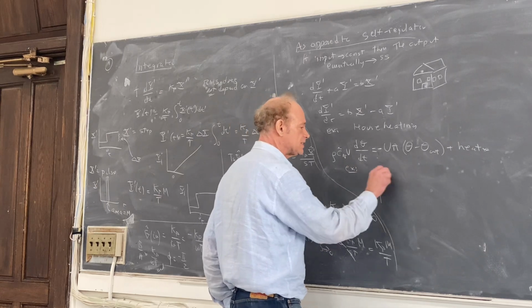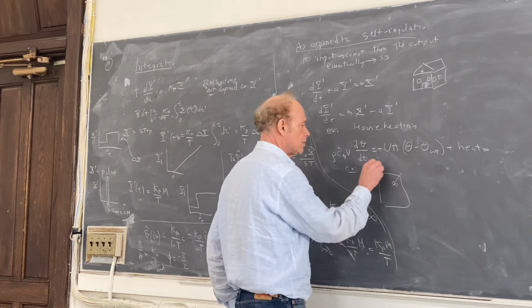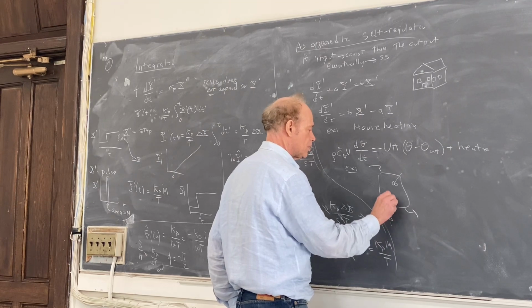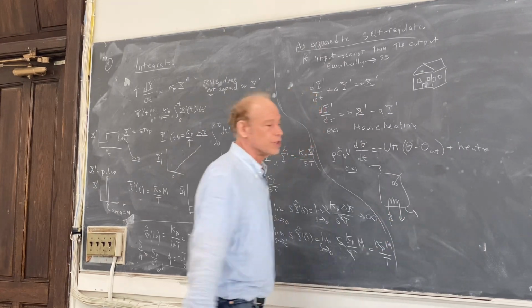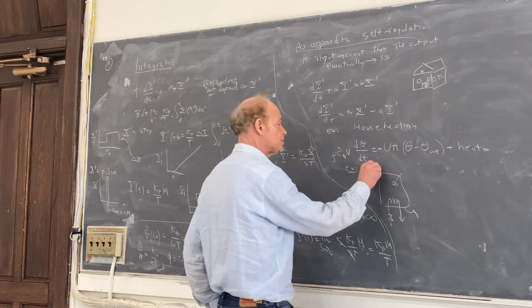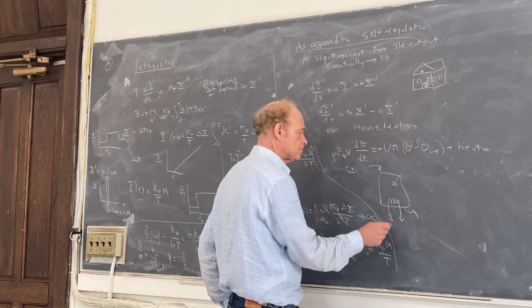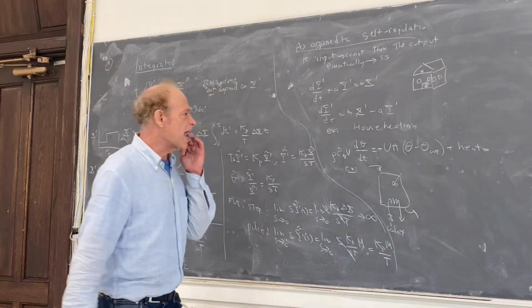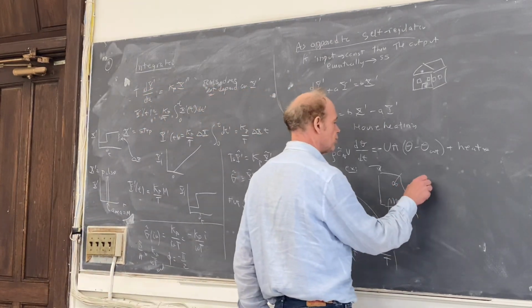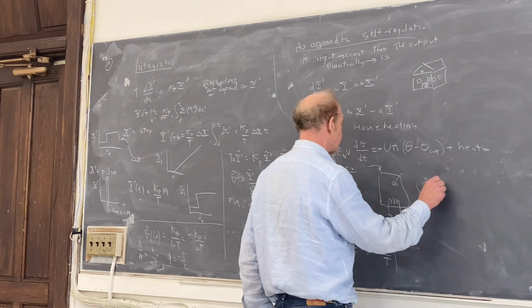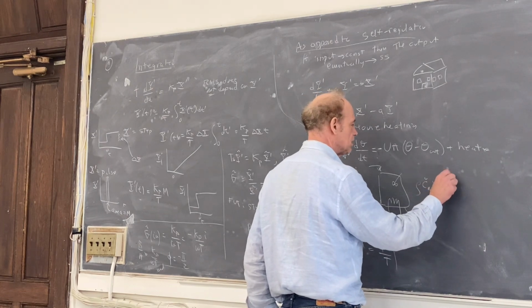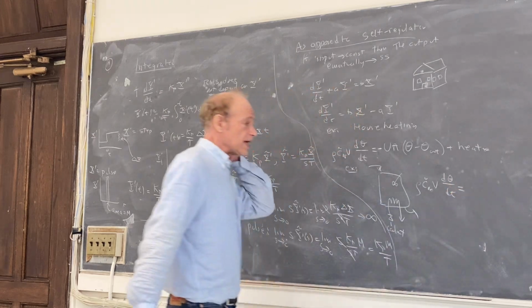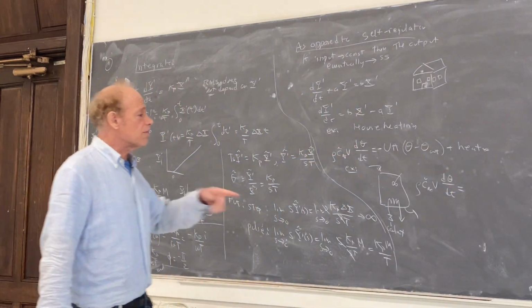Let's look at another example. Let's look at the CSTR, CSTR mixer with a coolant. So again, here I have rho CV hat d theta dt, and that's equal to, well, here I've got the coolant.